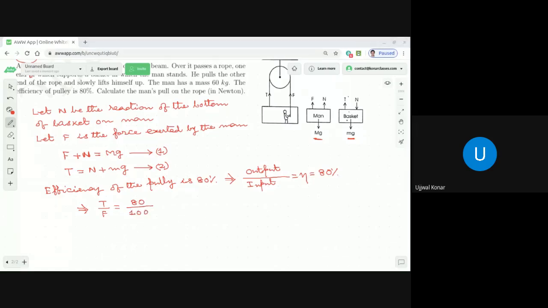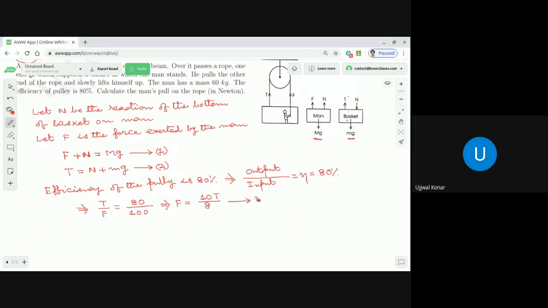Or we can say F is equal to 10T by 8. That implies F is equal to 10 into T divided by 8. So this we give equation number 3.